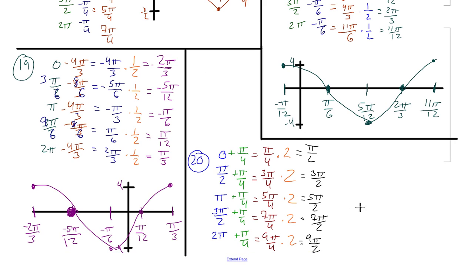So I graph these. Again, graphing my 5 points. I'm going to have pi over 2, 3 pi over 2, 5 pi over 2, 7 pi over 2, and 9 pi over 2.